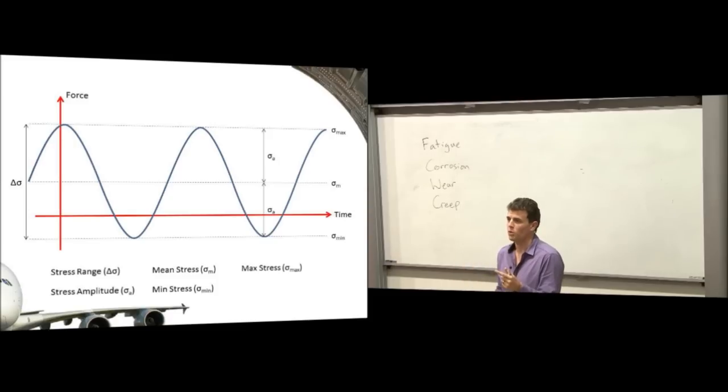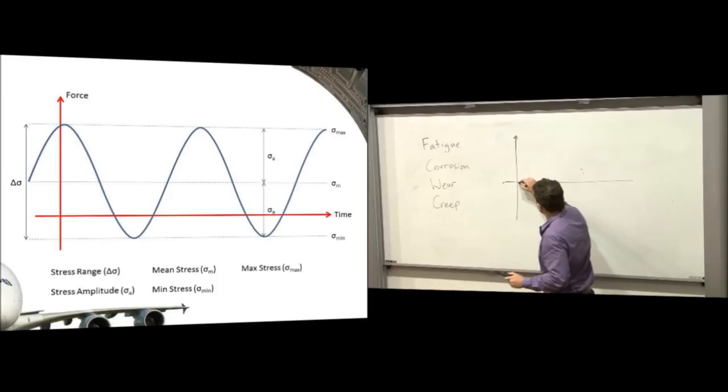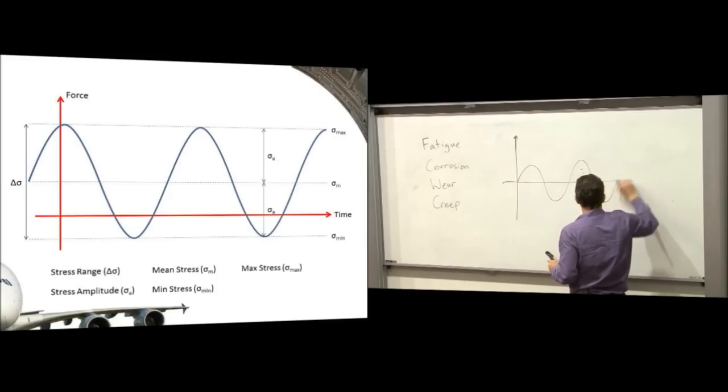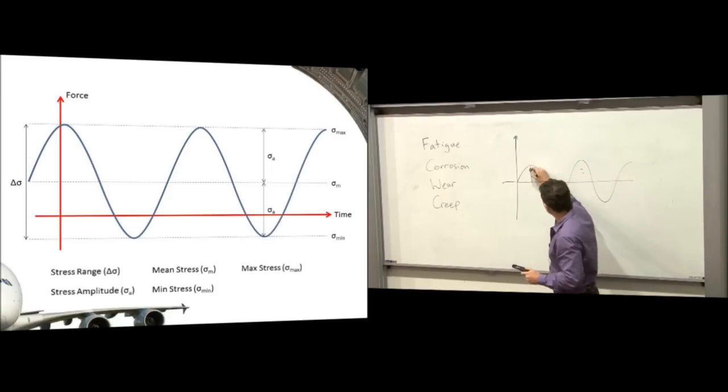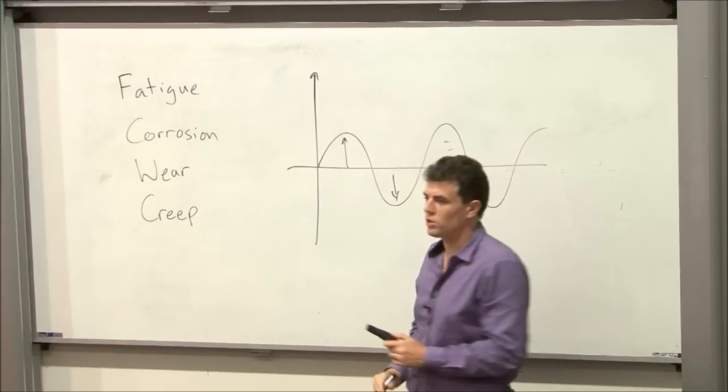Now a pure bending moment, if you rotate it, will give you a pure sinusoidal plus and minus load. And in that case, it'll be centered about zero. The amplitude in tension and the amplitude in compression will be the same.